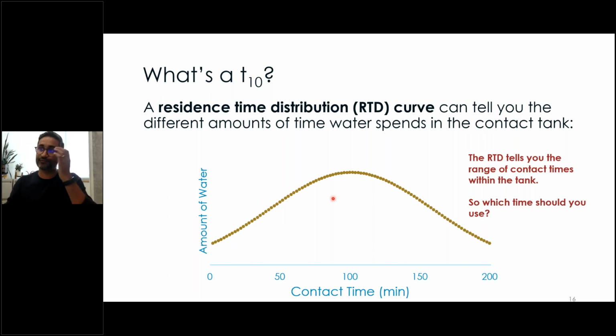So if you're given an RTD like this from a manufacturer who says this is the residence time distribution of this contact basin, to be conservative, to err on the side of caution, we're not going to say that all the water spends 200 minutes in this example in my contact basin. That would overestimate the amount of time that it spends, because we know that there's a bunch of water that comes out much faster than that.